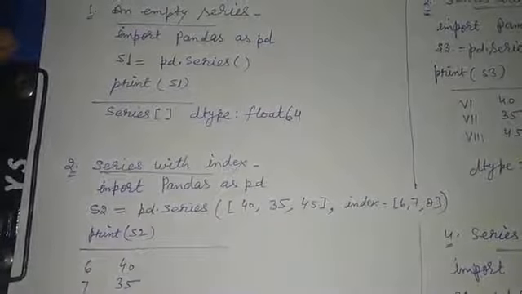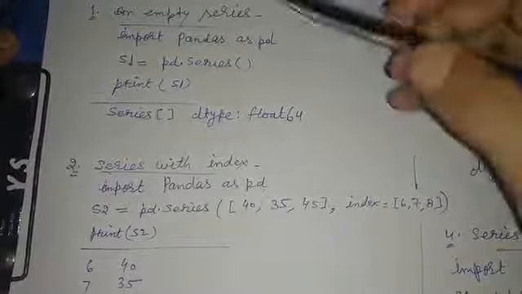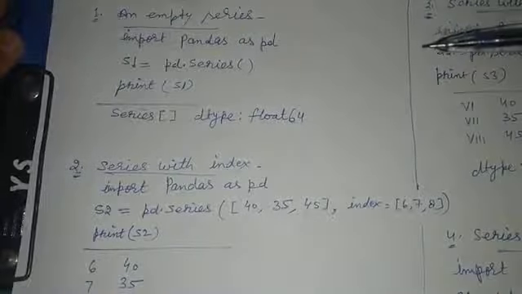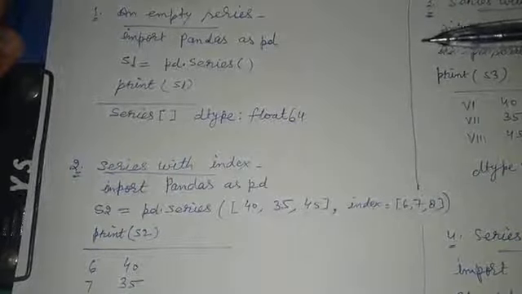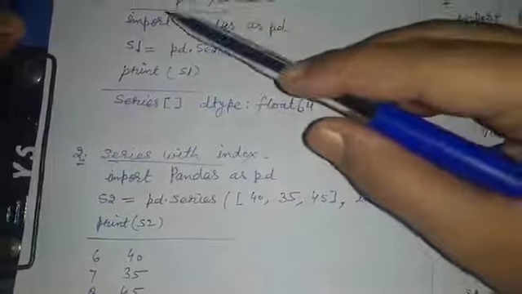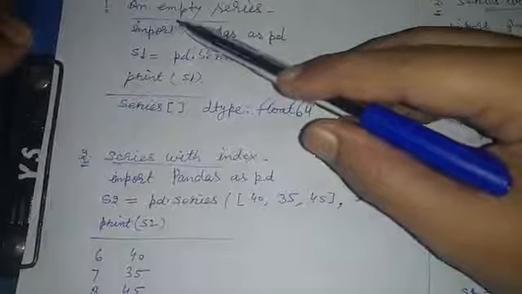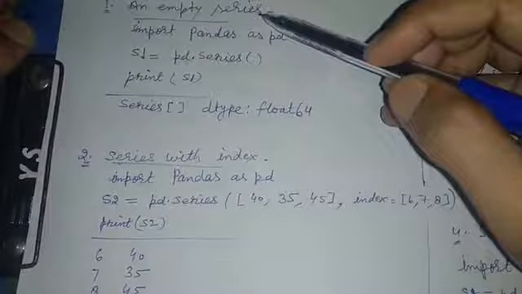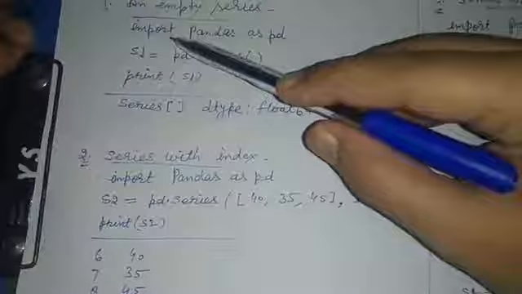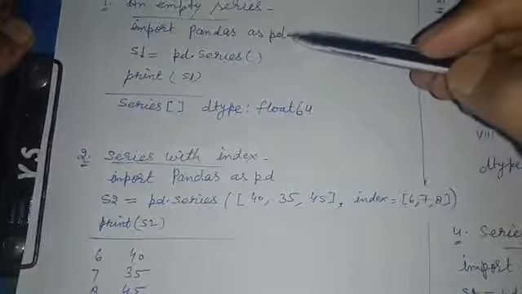So let's move to the next topic, creating series. There are several ways by which we can create a series in Python. One way is to create an empty series. So how to create an empty series? It is very easy. First of all, import pandas as pd.